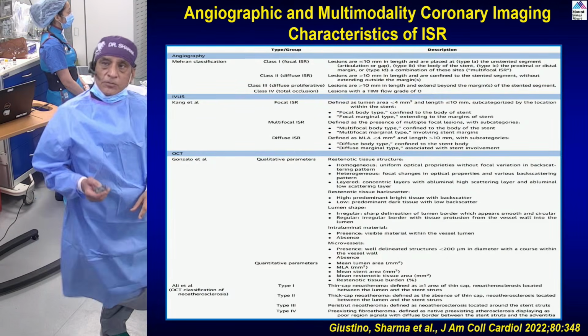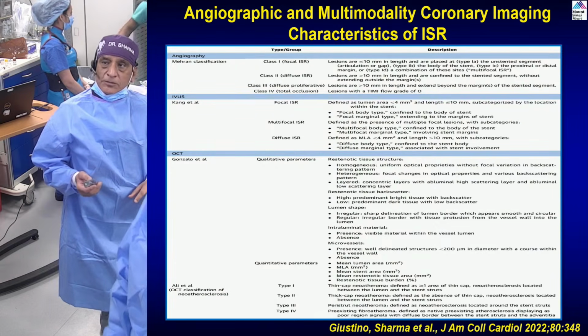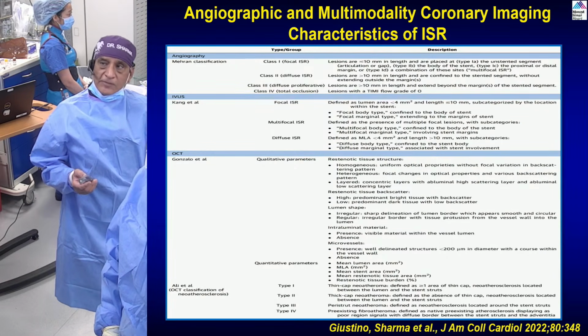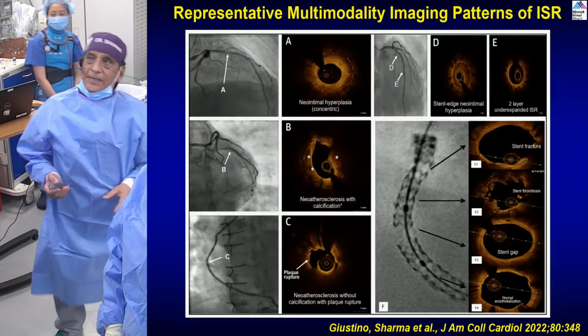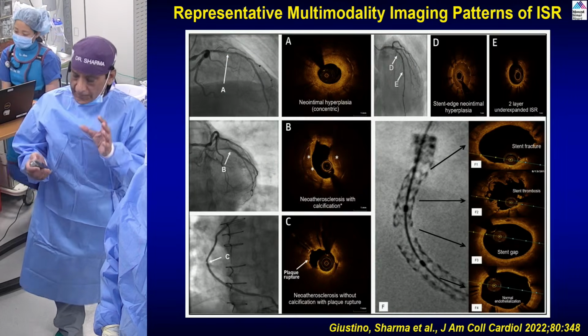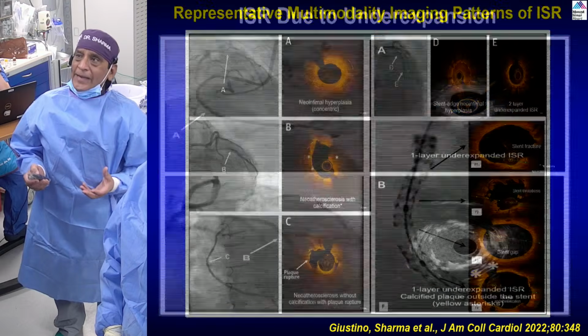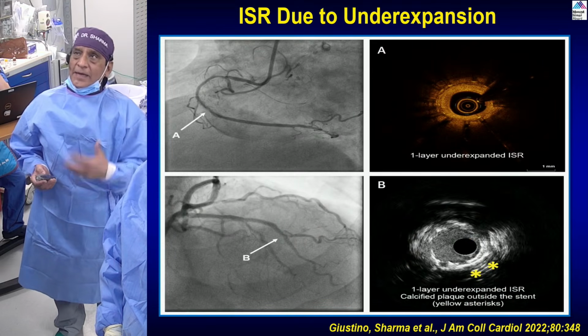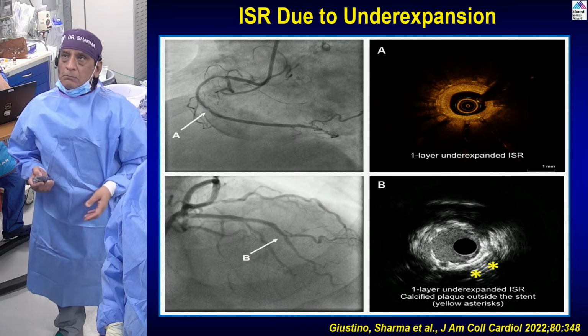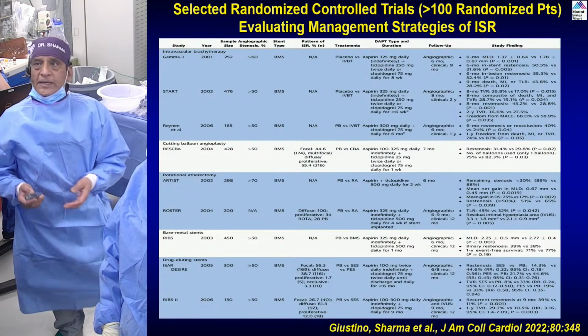There is a separate OCT classification based on neoatherosclerosis, type 1 to 4, which we presented a few years ago. But the key is that adding imaging has really changed our management and understanding of ISR, such as underexpansion, which is the case we have shown.